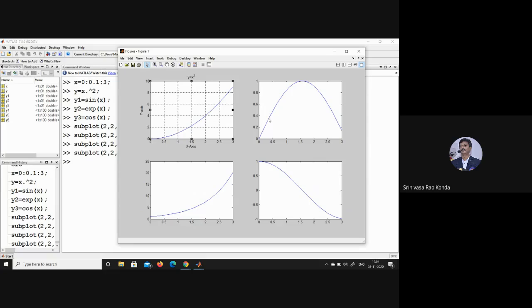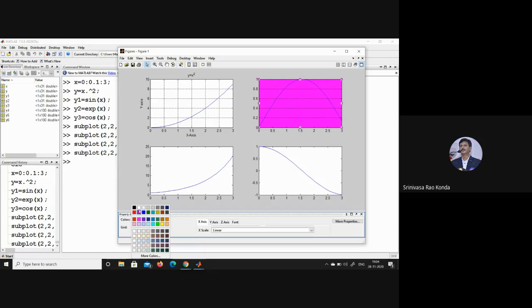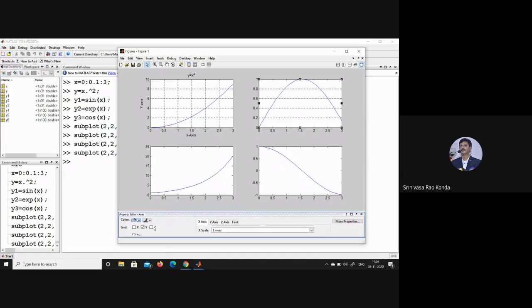Okay. So if you want to edit something, again you select. If you want to change the color, change it. All these things we can do: X axis, Y axis. Like that we can do all the things.